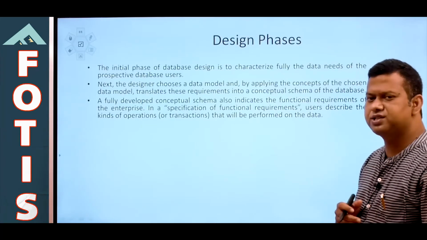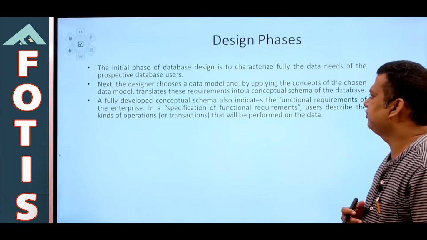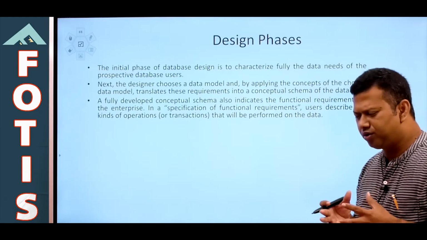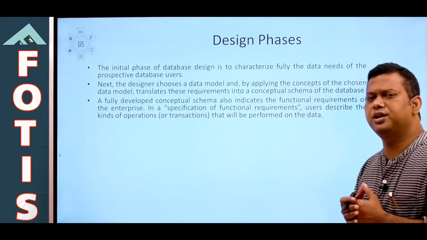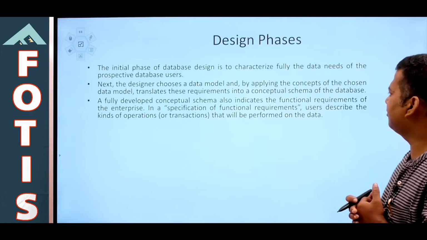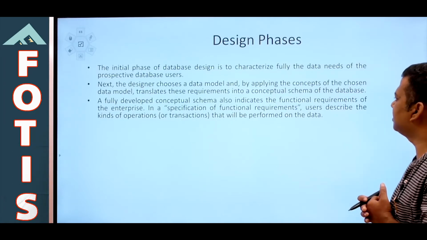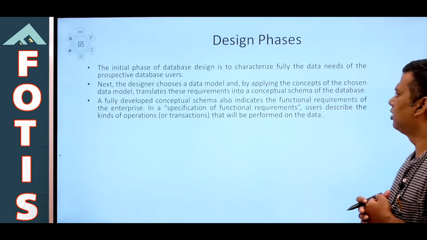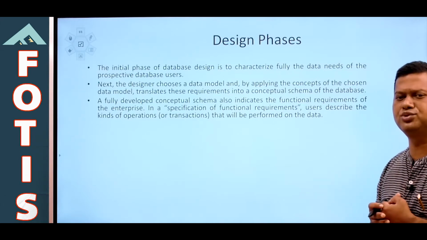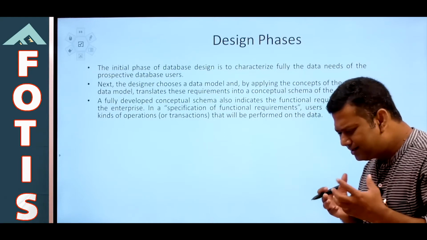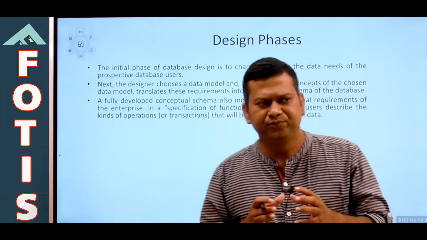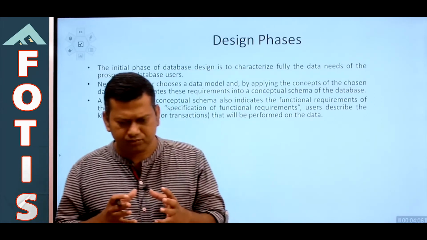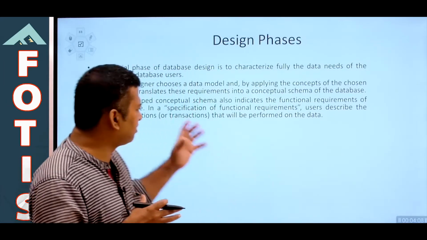Design phases. Now we will start our unit 2, design phases, right? That means what we do in order to design a database. What are the phases? The initial phase of database design is to characterize fully the data needs of the prospective database users. What do you understand by this statement? Don't panic, such a big statement.